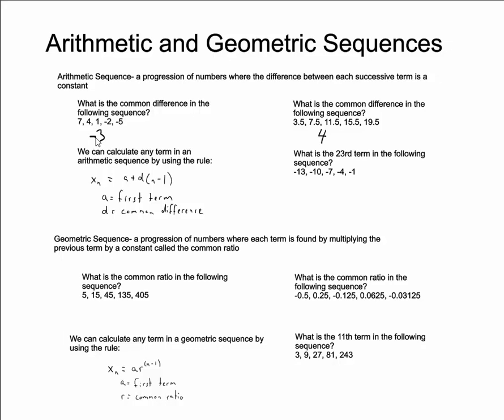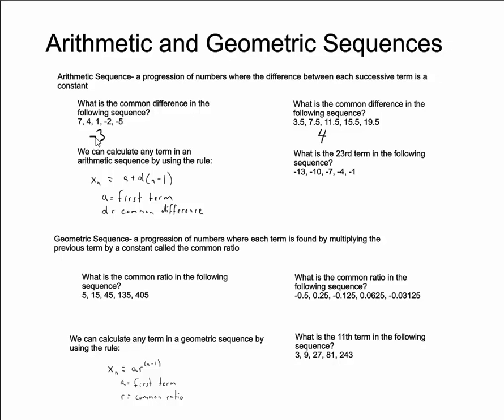We can approach this in two ways. We can simply extend the sequence one by one until we reach the 23rd term. That may take a while. Or we can simply use that formula. So let's use the formula.